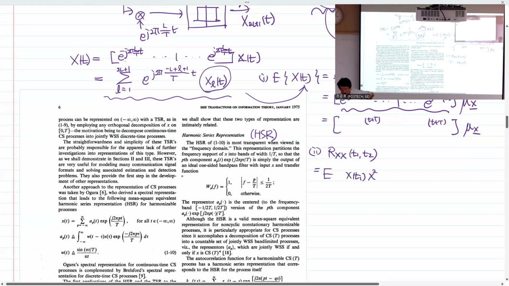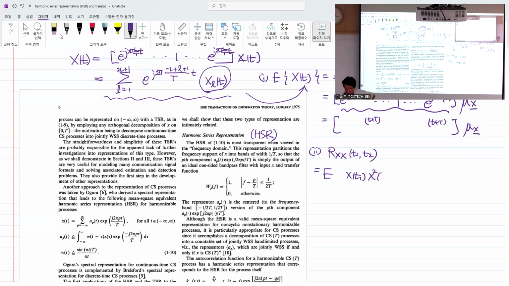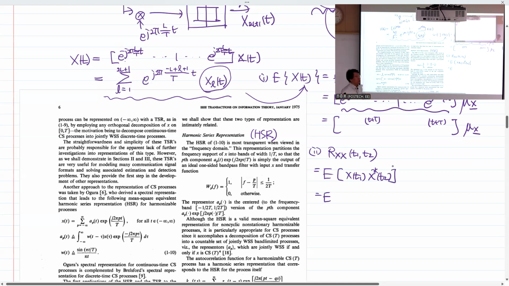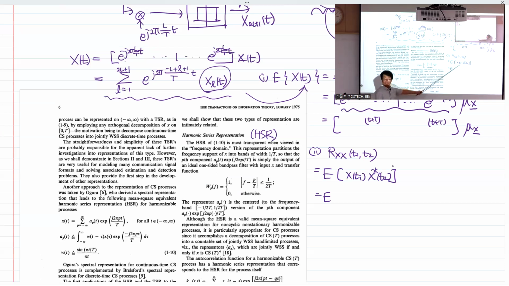It's not that difficult. You just use the definition and write it first, and substitute the equivalent form. So we are going to put that here.